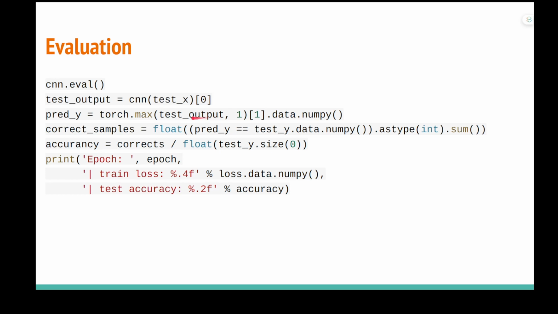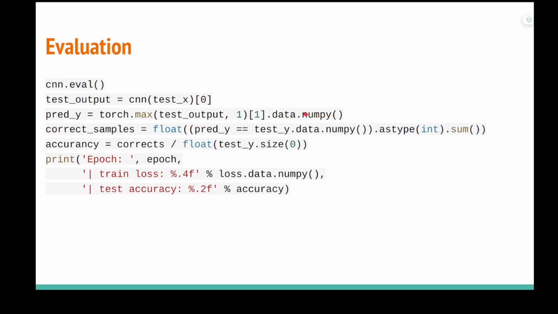So we just take the one with the highest probability to be our prediction, and then we convert this data into NumPy. This is really important because when we do the calculations, sometimes we hope it is in NumPy, so we can use the NumPy functions to handle the data.